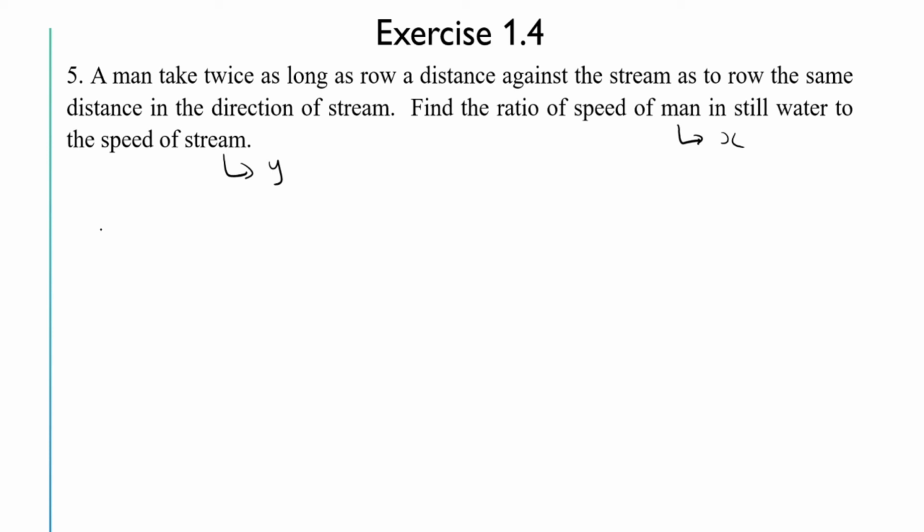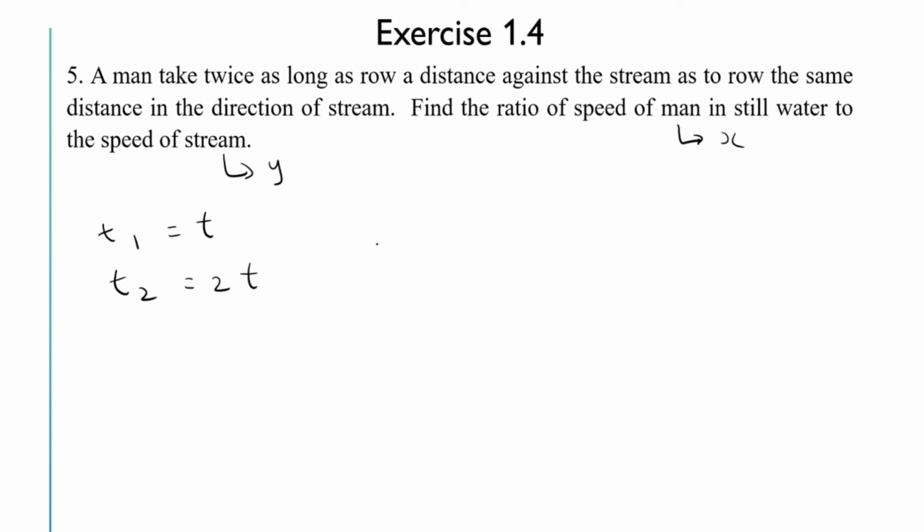Here they have given the time taken to row upstream is 2 times the time taken to row in the direction of the stream. So if we have T1 is equal to T, then T2 is equal to 2T.